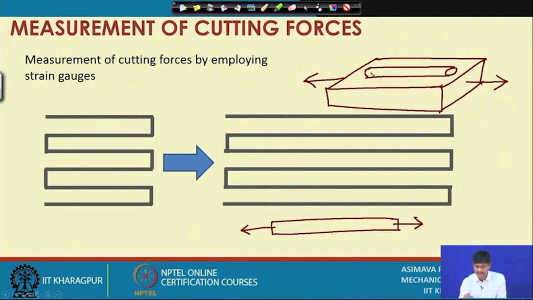We want to say that if it is undergoing a change in length, if it is say increasing in length due to tensile forces, and if its diameter is decreasing, if I measure its resistance, or say I measure the current flowing through it, I will be definitely able to register a change.